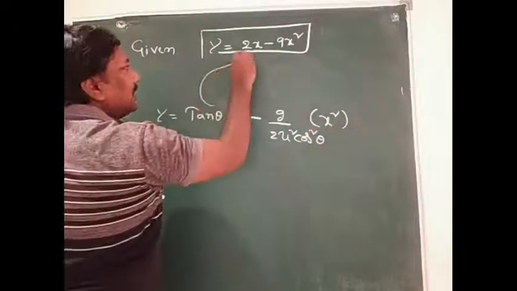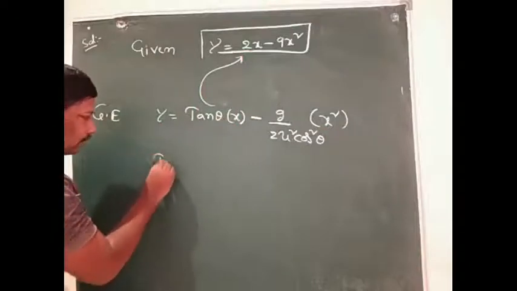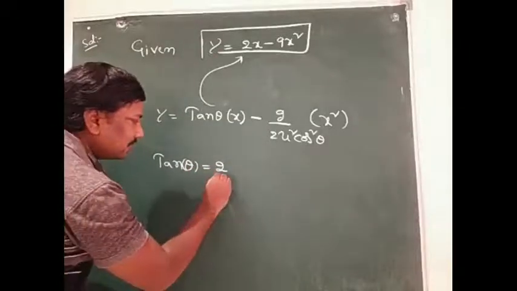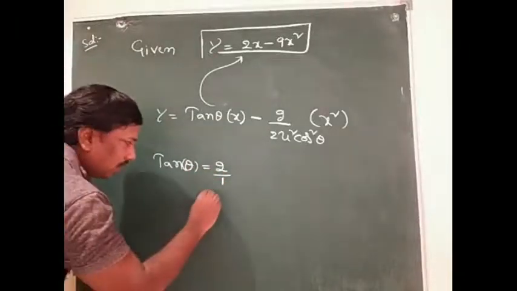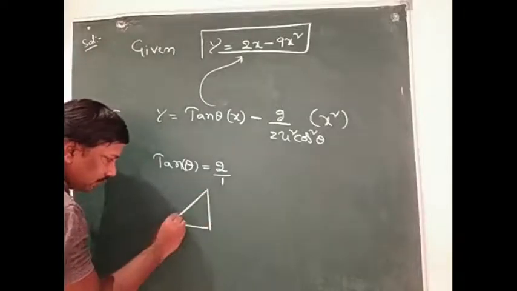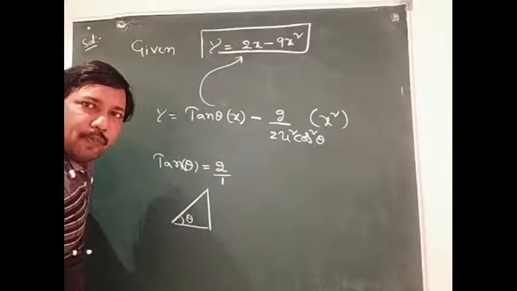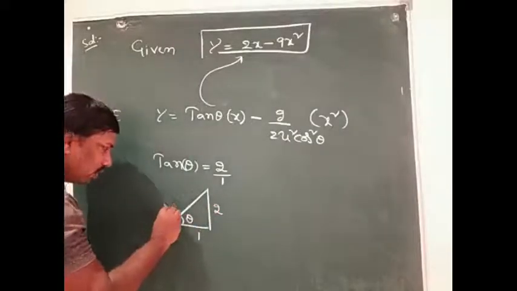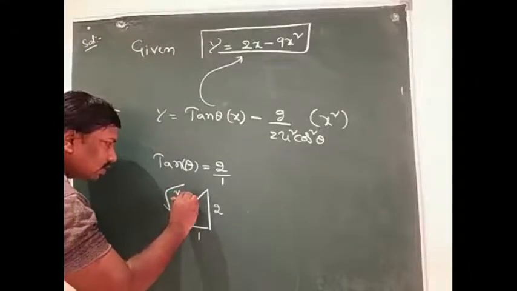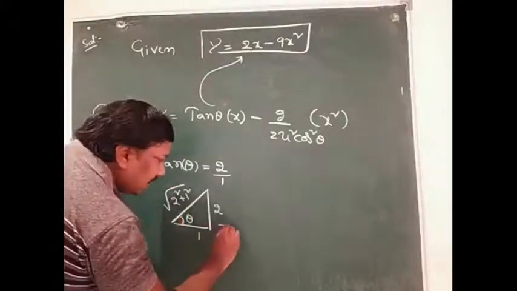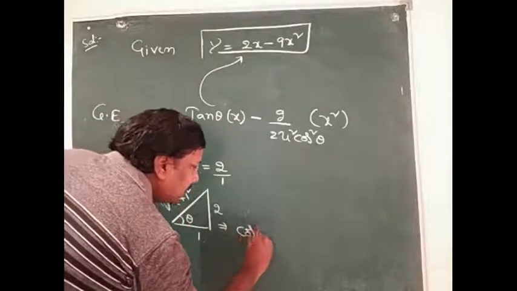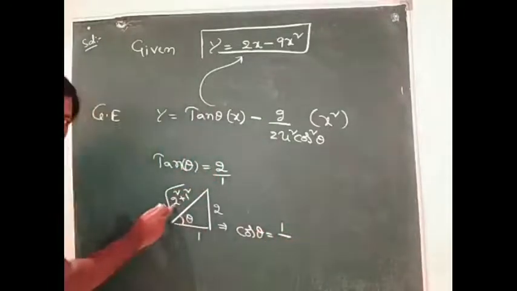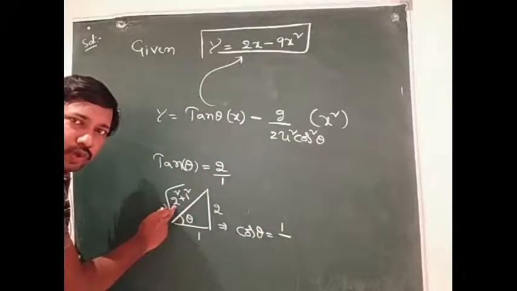So here tan theta is equal to 2. So 2 means 2 is to 1. In a right angle triangle, this is the theta. Tan theta means opposite side by adjacent side. Now the hypotenuse is root over 2 square plus 1 square, that is root 5. In a right angle triangle, cos theta is equal to adjacent side by hypotenuse.